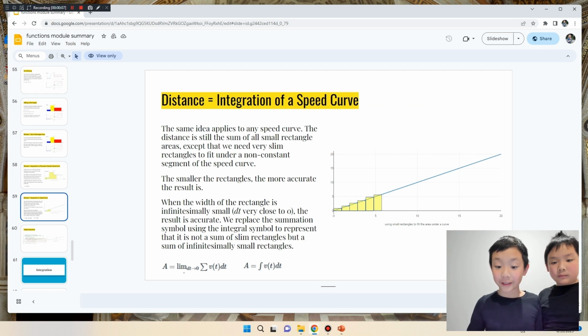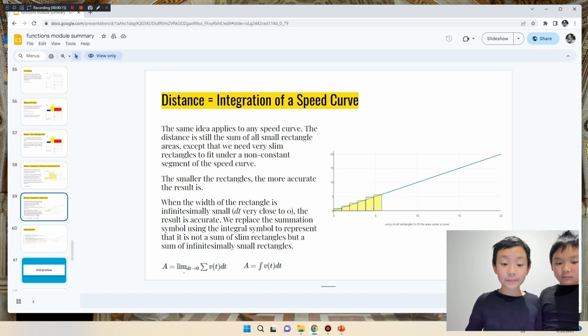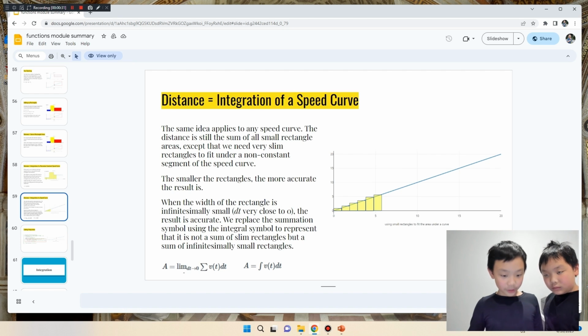But sometimes you might get a speed curve like this. The problem with this speed curve is the rectangles can't fit perfectly under it. There's a little bit poking out, but then we use the equation: area equals the limit as dt goes to 0 of the sum of v of t times delta t.